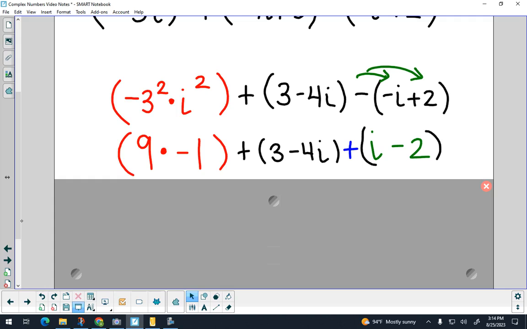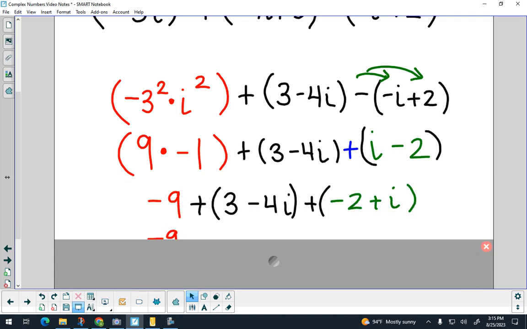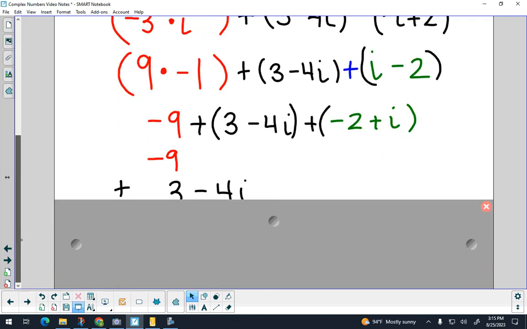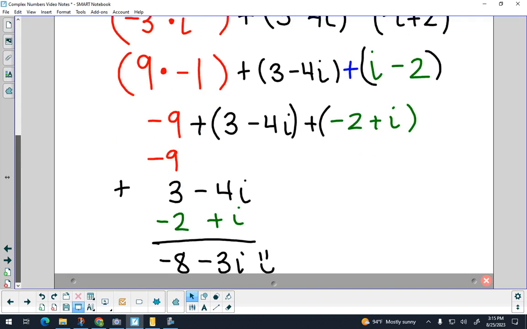I squared is -1. And we have changed our signs from a negative I to a positive I, and from a +2 to a -2. And then we're going to combine our like terms by adding everybody up. -9 plus 3 is -6, plus -2 is -8, and -4 plus 1 is -3.